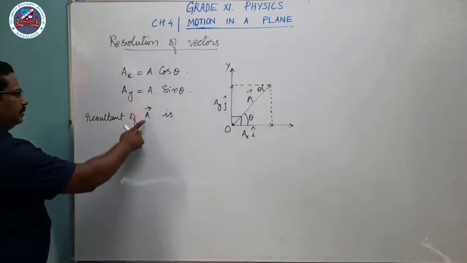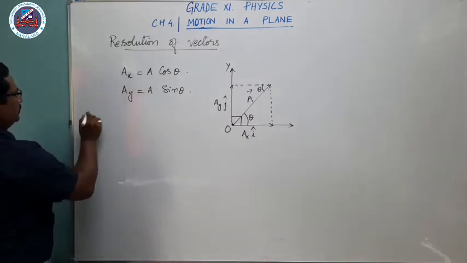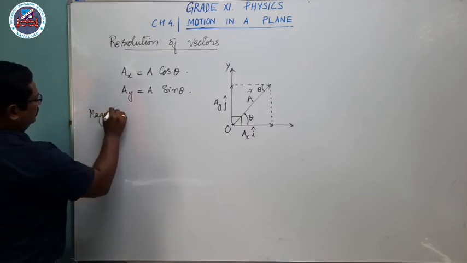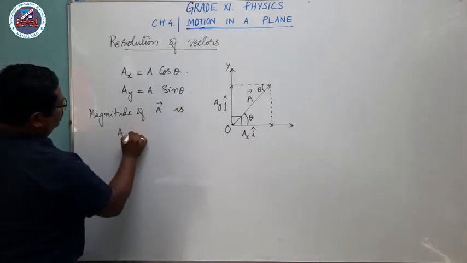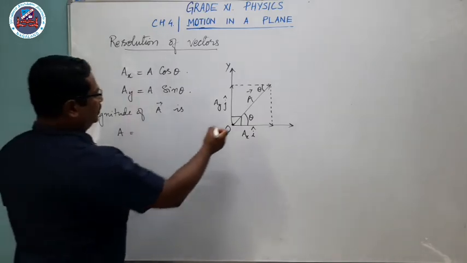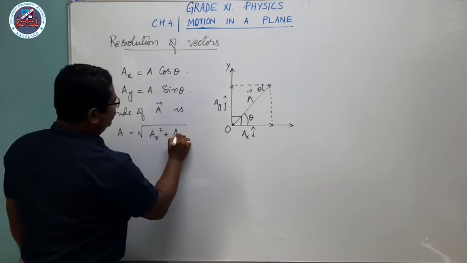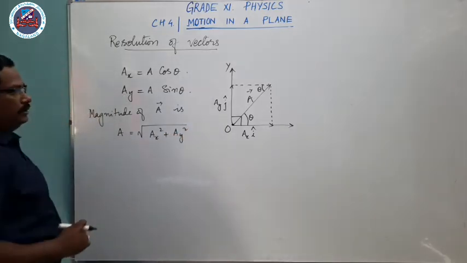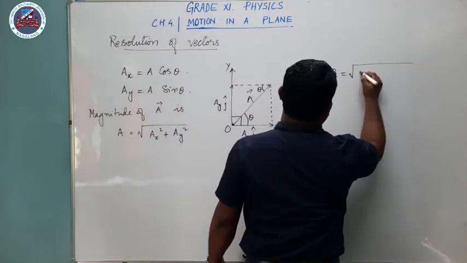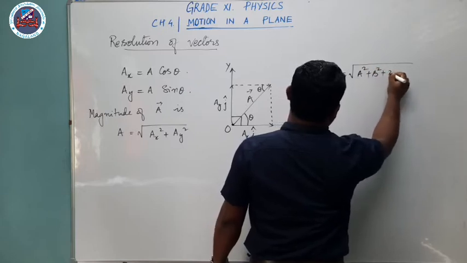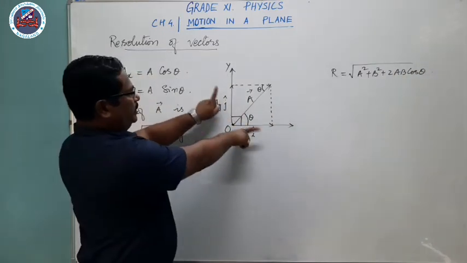Magnitude of resultant vector A. Magnitude of vector A is equal to root over ax square plus ay square. You can remember, I think, your formula: R resultant is root over A square plus B square plus 2AB cos theta. So now here A and B are ax and ay.